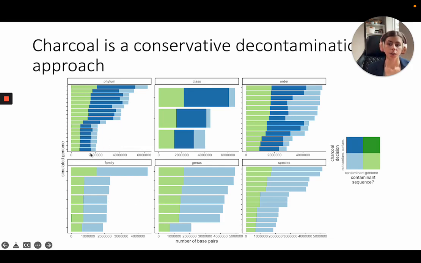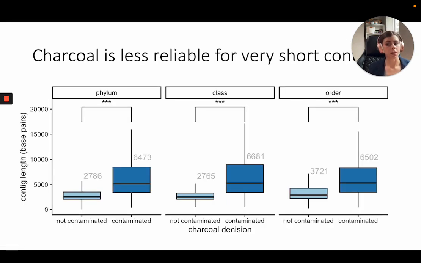But then we do have a lot of light blue left over. So we were curious, why is charcoal missing some of these contigs? The reason is that in these simulated genomes, a lot of these contiguous sequences are very short. If we look at the length of contig across these different taxonomic levels, a contaminant sequence is much less likely to be called a contaminant by charcoal when the contig is much shorter.